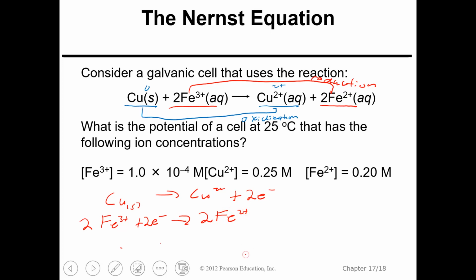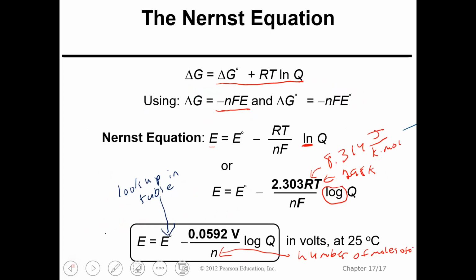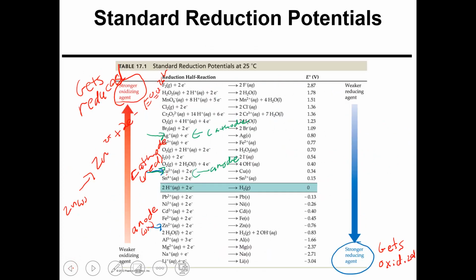If we go back to our table of standard reduction potentials, we have copper, which has a potential of 0.34, but is being oxidized, so we're going to reverse that. And then we have iron 3 positive going to form iron 2 positive, which has a cell potential of positive 0.77.